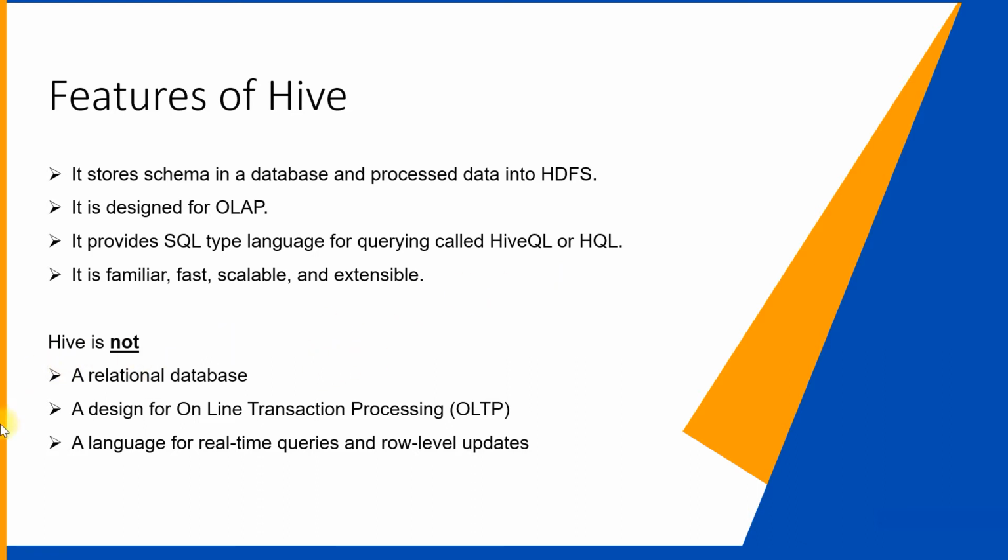We'll look at that in the architecture, and it's very familiar, fast, scalable, and also extensible. Because in case of higher data processing, all we do is expand or scale your underlying HDFS and your data nodes. That will be very easy because of commodity hardware in the background, right? So that's why we call it scalable, fast, and extensible, right?